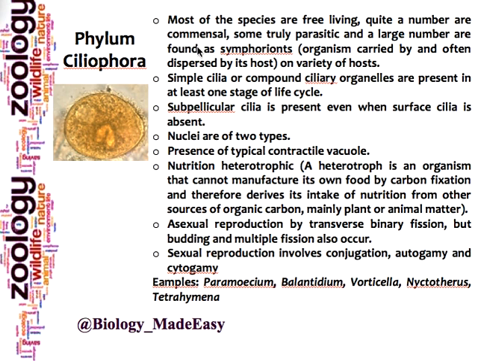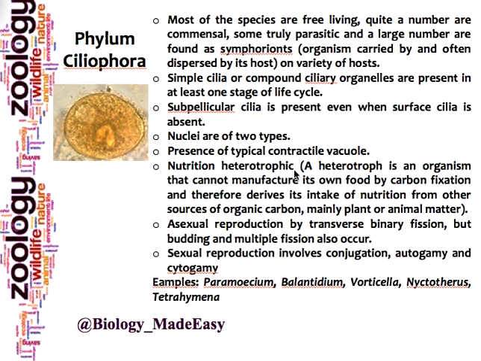The members of Phylum Ciliophora have simple cilia or compound ciliary organelles. Nuclei are of two types, that means dimorphic, and they have typical contractile vacuoles, which are important for their osmoregulation.